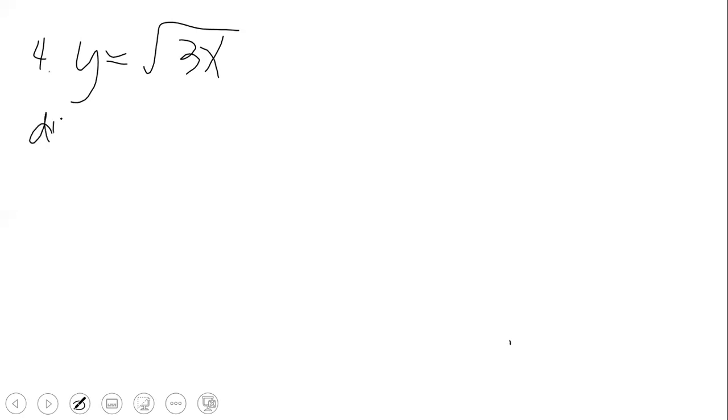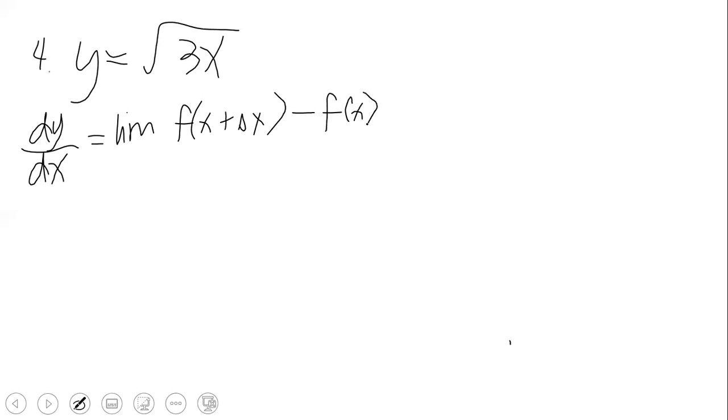So this will be dy over dx equal to the limit of the function f of x plus delta x minus the original function f of x all over delta x as delta x approaches 0.